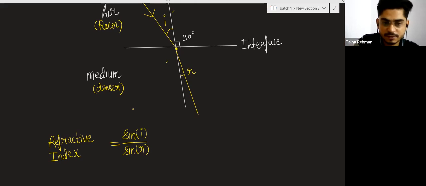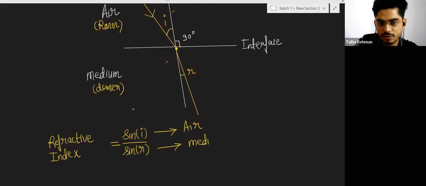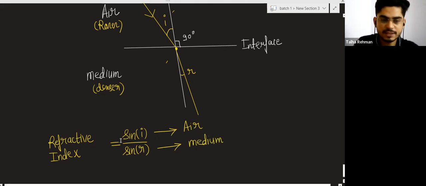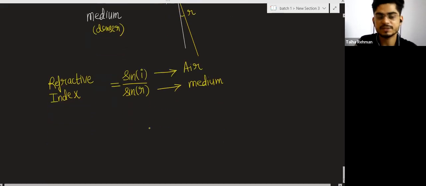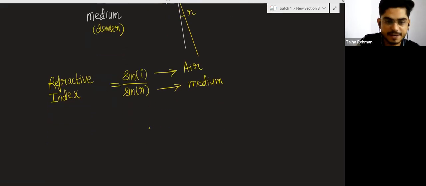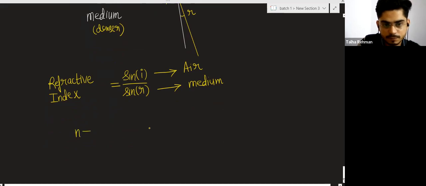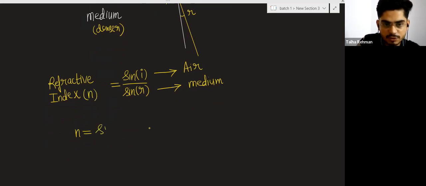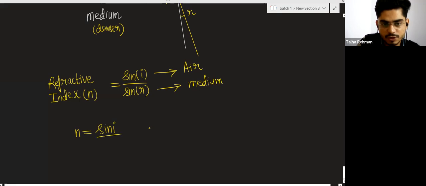So this angle of incidence is with respect to air, and this angle of refraction can be in any medium: water, oil, any medium. This refractive index is represented by small n, and n is equal to sine I divided by sine r.